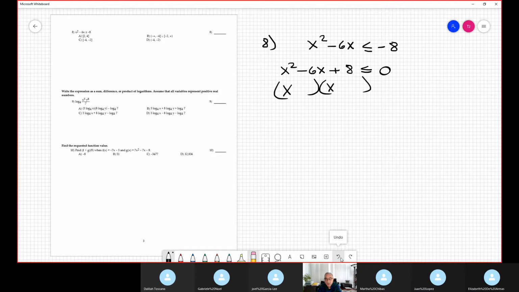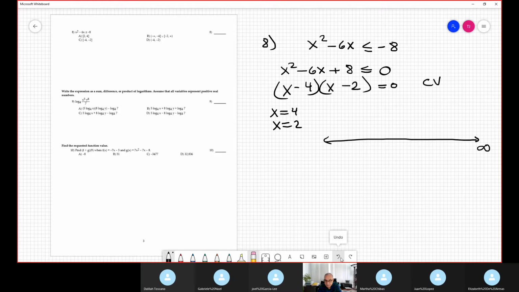The combination is 4 and 2. Negative both. I put it temporarily equal to 0 because I want to find the critical values. The critical values are 4 and 2. Positive, both. So now these critical values I'm using to make a partition of the whole real number line. This is 0, 1, 2, 3, 4. And 2 and 4 we have.